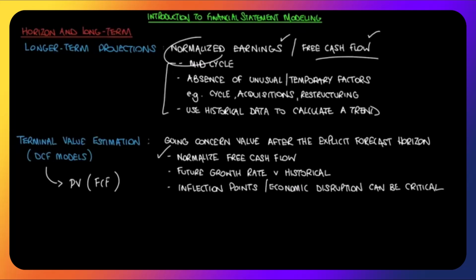And then comes the really tricky bit. You try and work out what that free cash flow is going to do in perpetuity. Can I now predict where those earnings or that free cash flow is going forever? Obviously, pretty tricky. Key things to take into account.